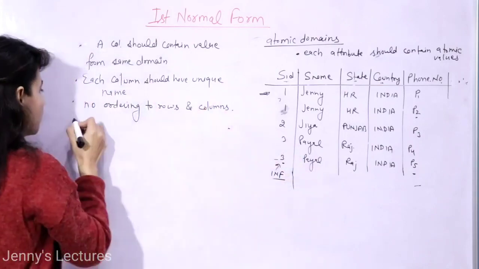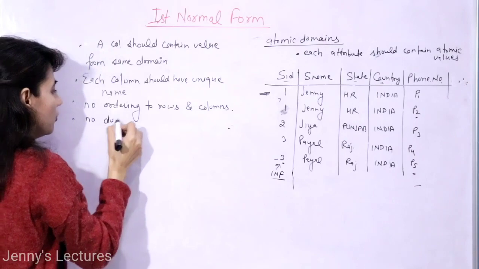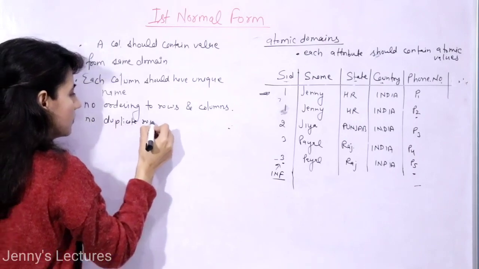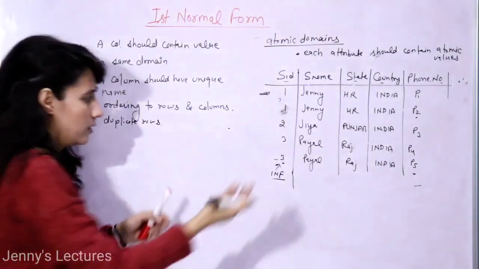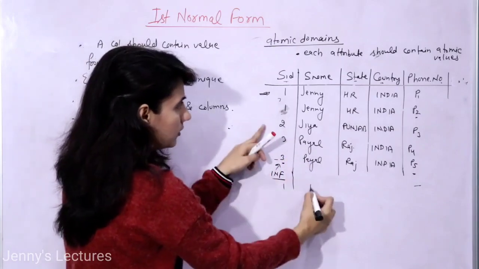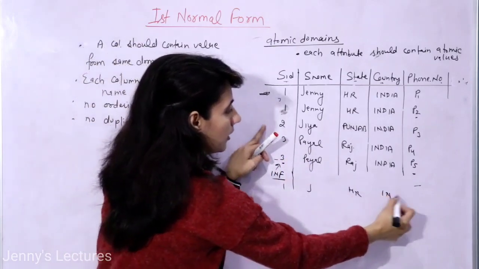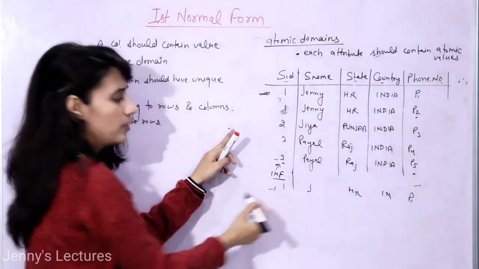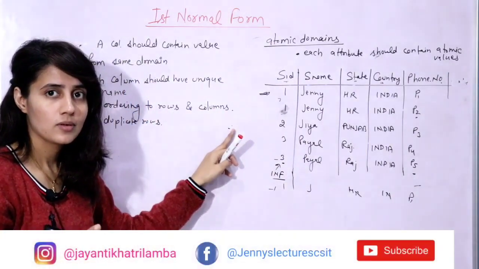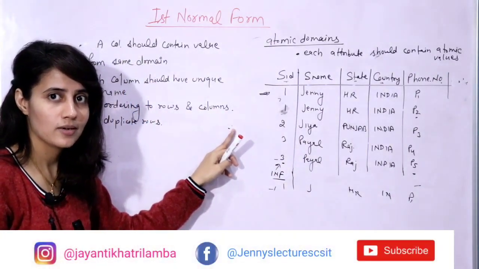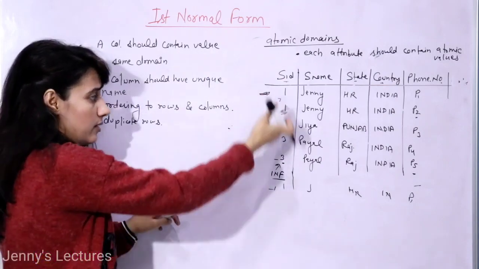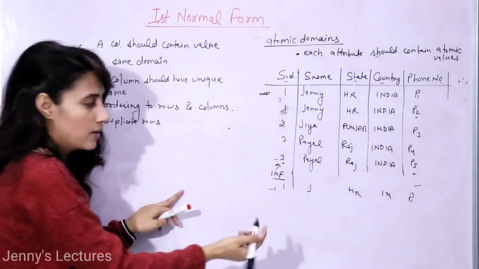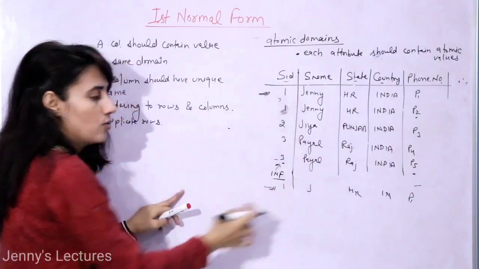The fifth rule is that no duplicate rows would be there. Obviously, it's not like that. Here also I am storing 1, Jenny, HR, India and P1. This row and this row would be exactly the same, so that cannot be the case here. And obviously if we are taking 1 as a primary key, then this is not allowed.